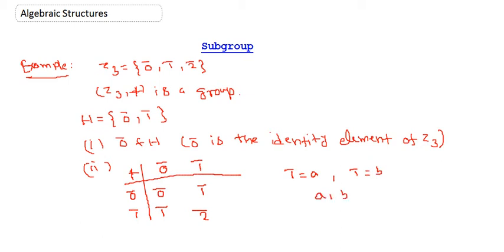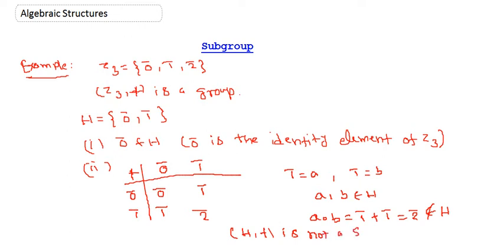So a, b belong to the set H, but after the composition, a composed with b, where the composition is plus, 1 plus 1 is 2 bar, which does not belong to the set H. So from that condition you can clearly say that H with addition is not a group, so it is not a subgroup of Z3.